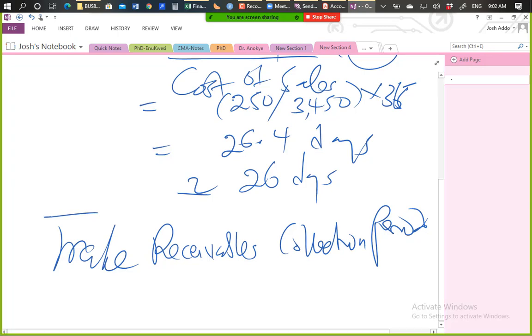When we sell, when the inventory finally leaves the warehouse after 26 days, the standard business practice is to sell on credit. Okay, so that's the assumption. When customers come and pick the products on credit, how long does it take them to pay back our money? That is what the trade receivables collection period measures. How long does it take them to pay?